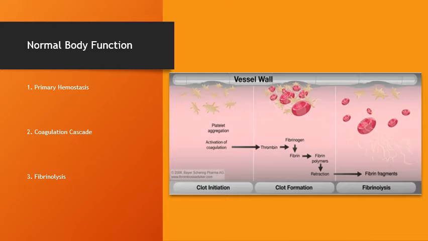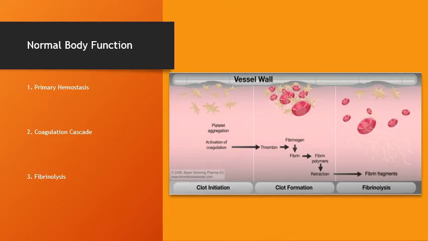To understand the process of DIC, it may help to understand the normal function of blood clotting in our bodies. The body responds to damage of blood vessels, such as an opening, by closing up the damage through primary hemostasis, which involves blood coagulation. This is the process of blood changing from a liquid to a solid state, which gathers at the site of damage so it can prevent bleeding.